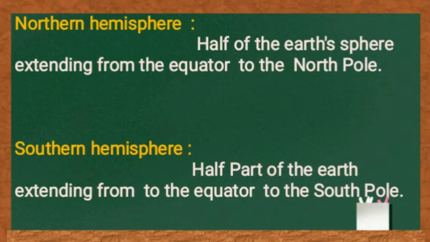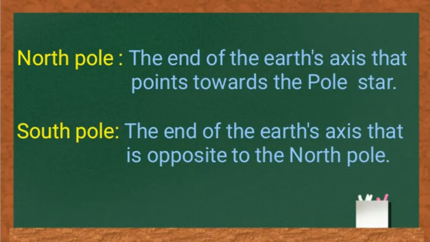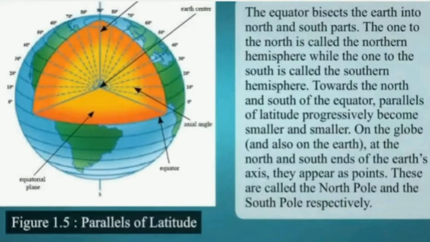Southern hemisphere: half part of the earth extending from the equator to the South Pole. The equator bisects the earth into north and south parts. The north part is called the northern hemisphere and the south part is the southern hemisphere.